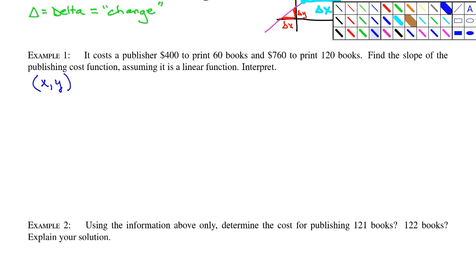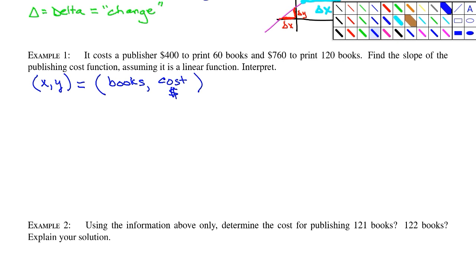Ordered pairs are in the form of (x, y), and what do we normally use for our x's? Well, we normally use the units that are being sold, the quantity that's being sold. In this problem, it would be books. And then we normally make the y's the money value, so that's going to be the cost, or you can think of that as the dollars.